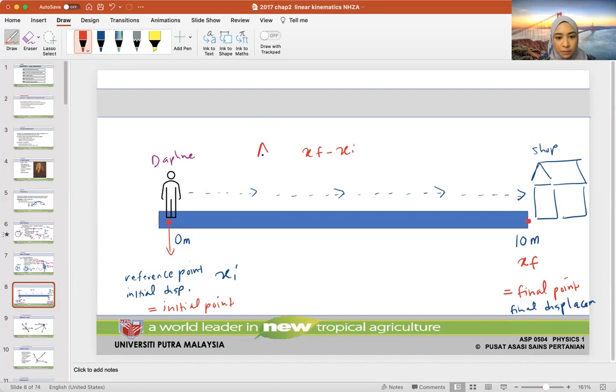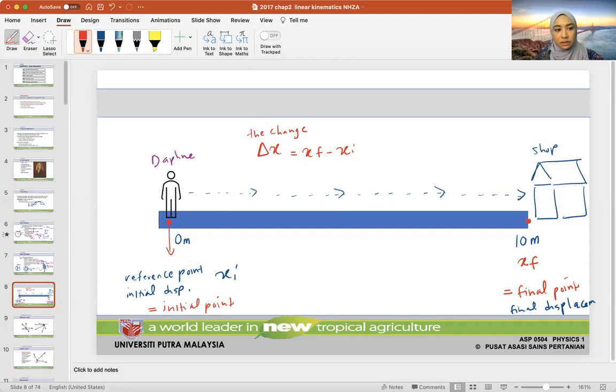Therefore, the change in displacement is delta X, equal to final displacement minus initial displacement. Let me repeat myself. This delta means the change, okay? The change in displacement is equal to final displacement minus initial displacement. Our initial displacement is our reference point, where Daphne started.